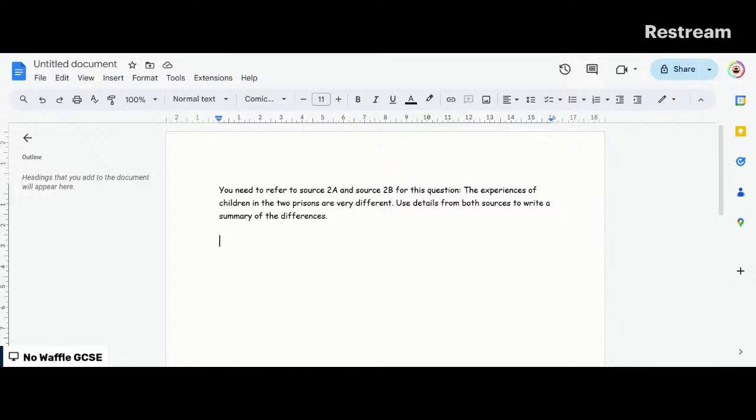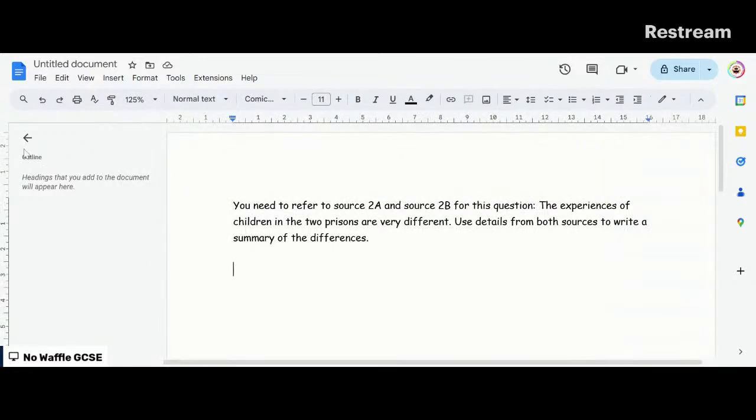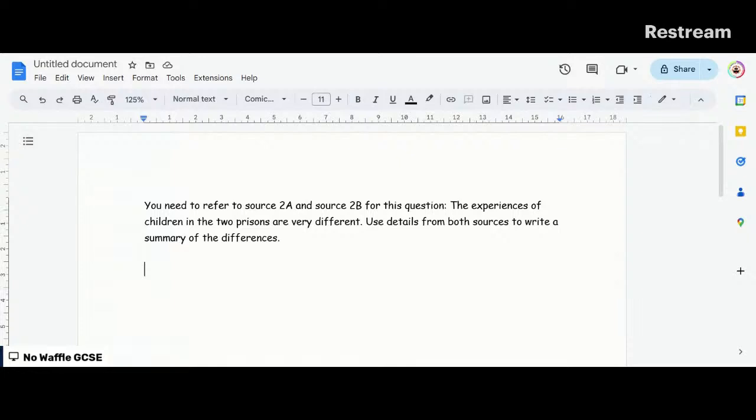So let's see what we can say. Since this is only an 8 marker, you don't need a massive lot. And since it's just about writing a summary of differences, it shouldn't be too difficult to do.